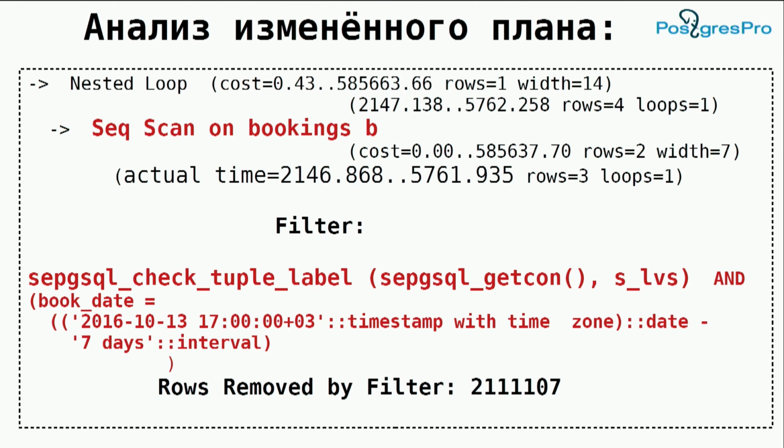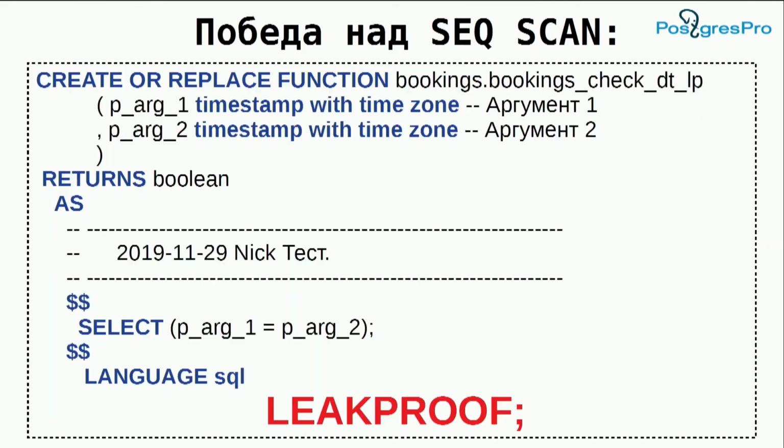The function of the policy, even an updated one, this is an updated function, and the planner puts it on the first place. At first, it consecutively selects all the strings, and after that, it fulfills search on the basis of index, and we will do it in the opposite way.